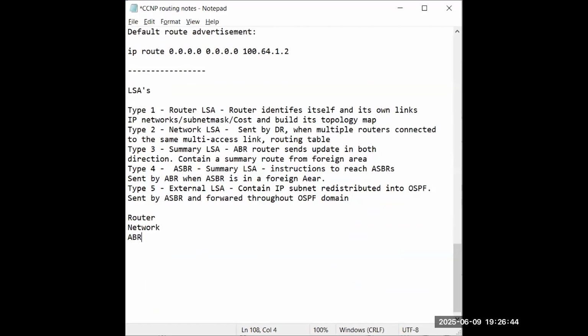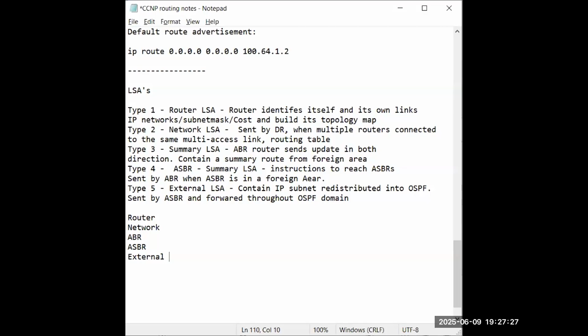The ABR concept comes, area border router. Then after the area border router, what comes? The ASBR router. Then after the ASBR, an external routing is going to happen, a redistribution from a non-OSPF routing protocol. If you come in this order, it'll be easy for you to remember the concept and the different types. Type 1, type 2, type 3, type 4, type 5. This is what the concept is.